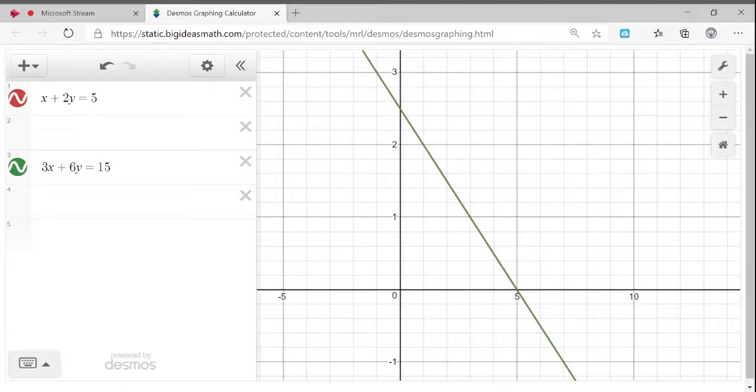We just talked about possibly having zero solutions, but in this case, what we're going to find is that there are infinitely many solutions. What occurred is, if I multiplied the original equation by 3, I would get 3x plus 6y equaling 15.